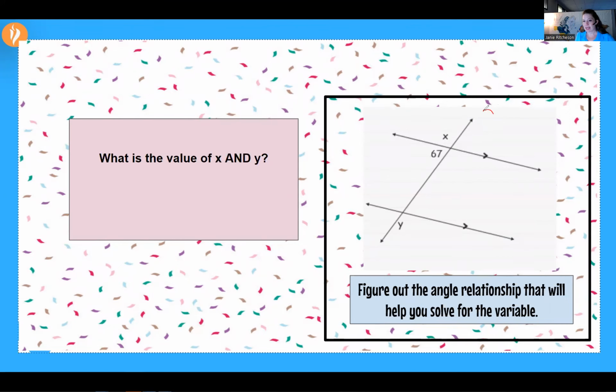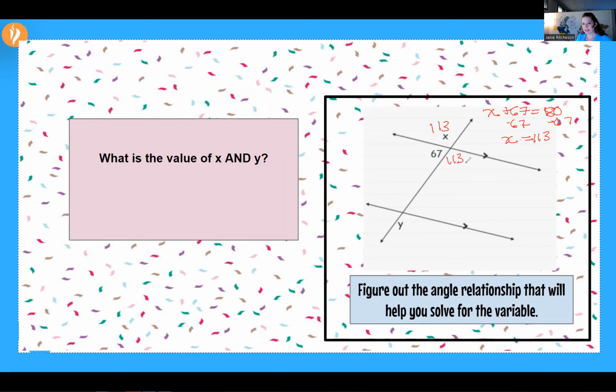So x plus 67 is supplementary, which means they have to equal 180 together. So to solve for x, I'm going to subtract 67 from both sides. So x is equal to, what would that be? 113. Yep, 113.